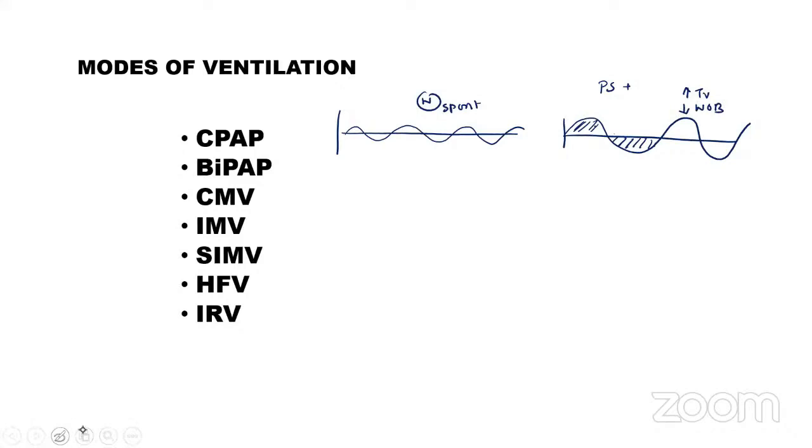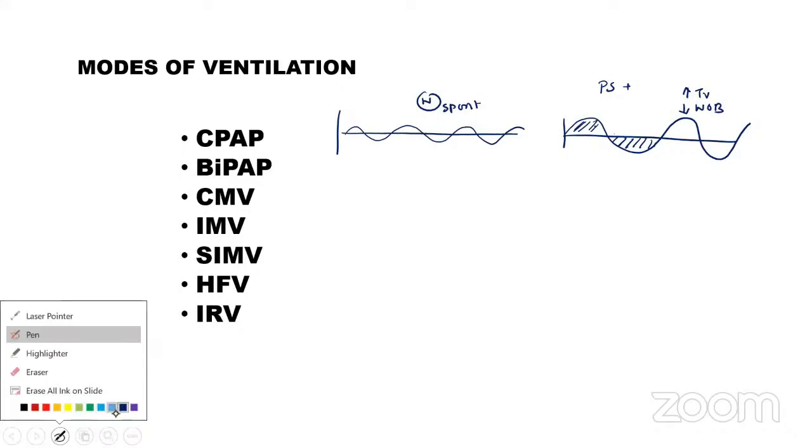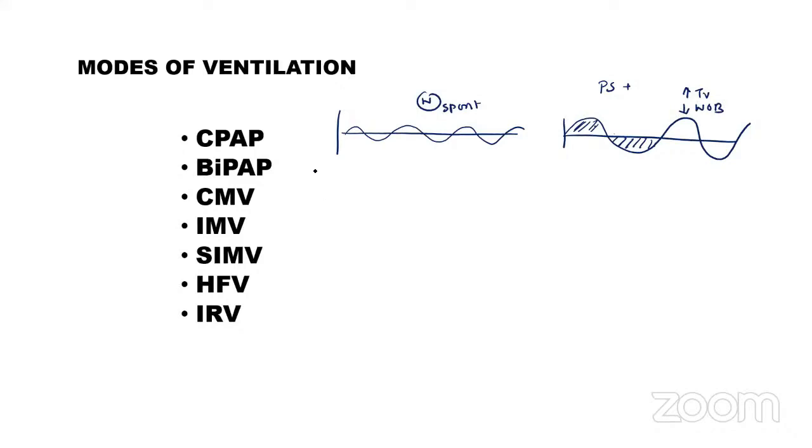Now, what is BiPAP? BiPAP is very simple. It applies pressure during inspiration as well as during expiration. During inspiration it is called IPAP, and this is EPAP.